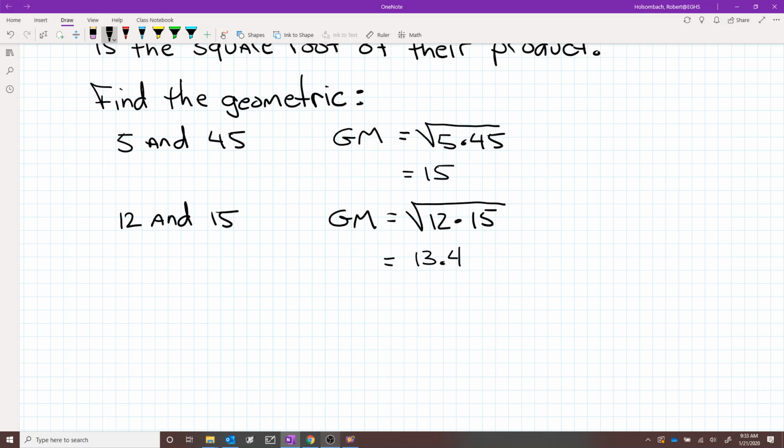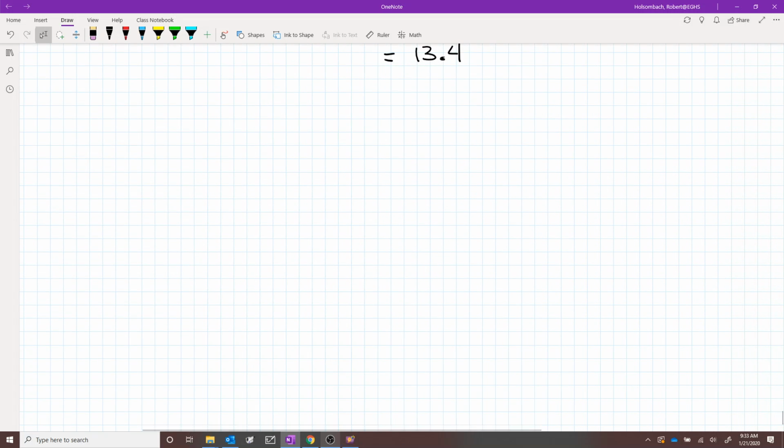Alright, so look at the top of page 538. Theorem 8.1.